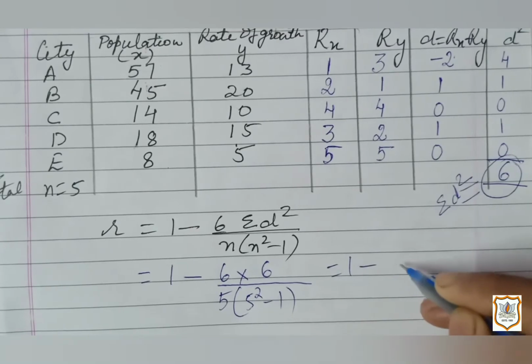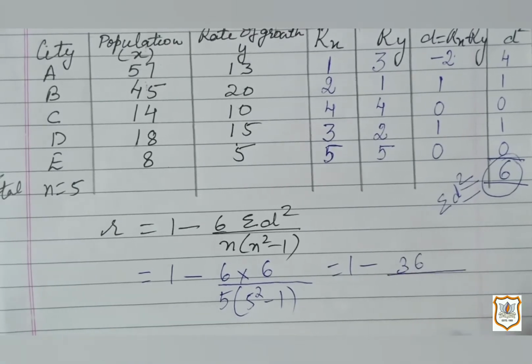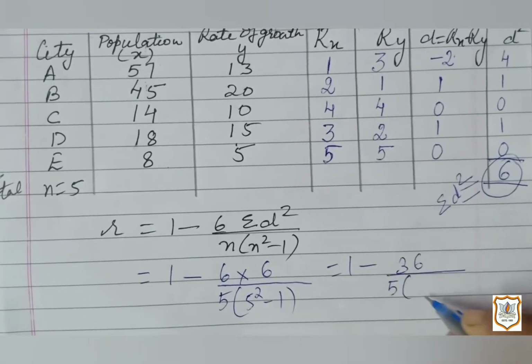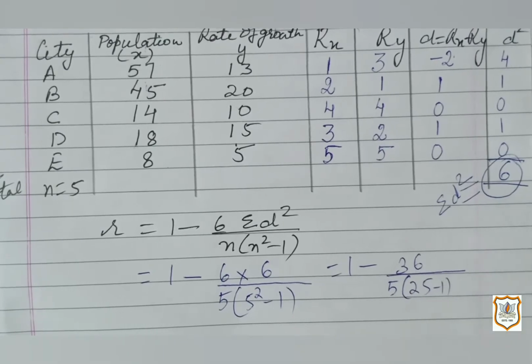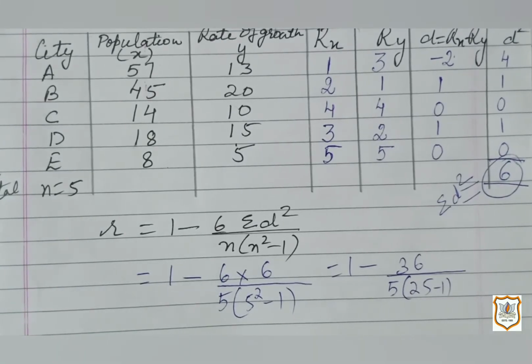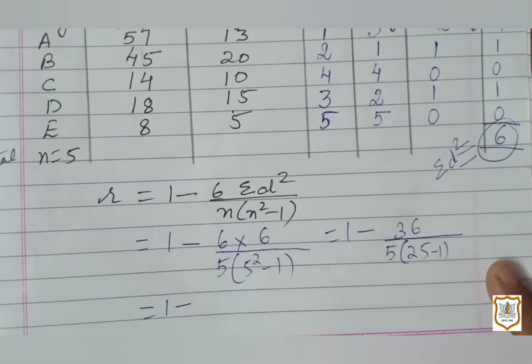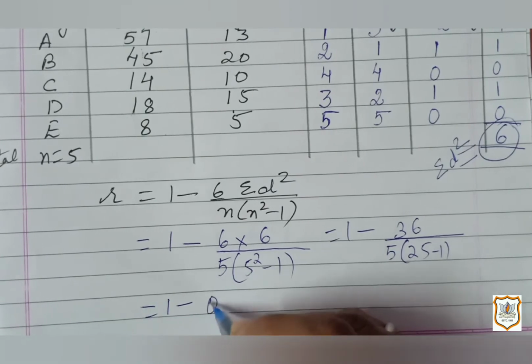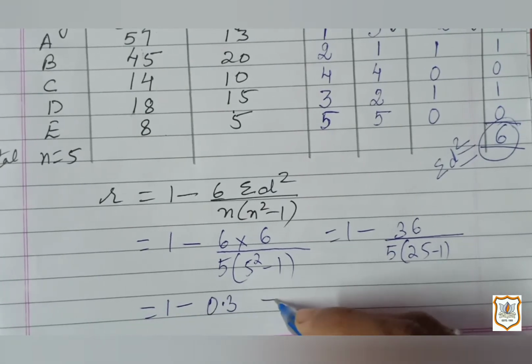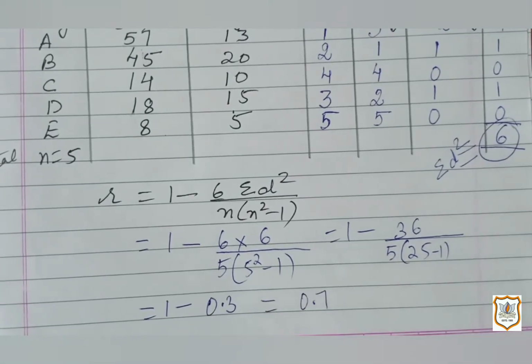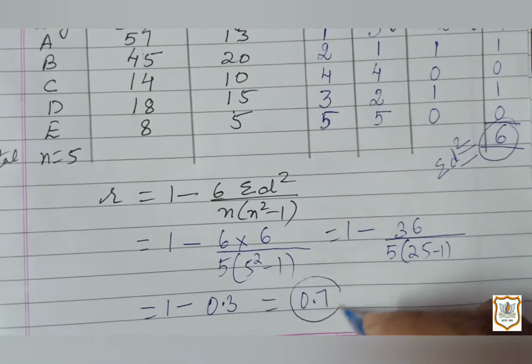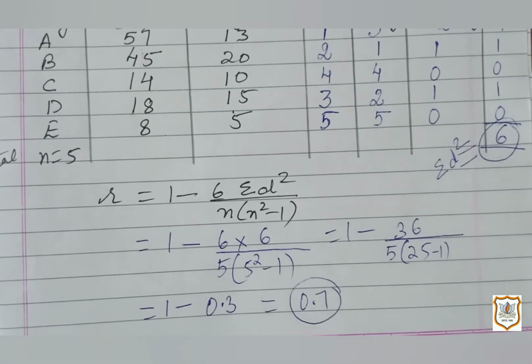So this is 1 minus 36 divided by 5 into 25 minus 1. Now when you solve this, your answer will be 1 minus 0.3, and so this will be 0.7. So 0.7 is the rank correlation coefficient.